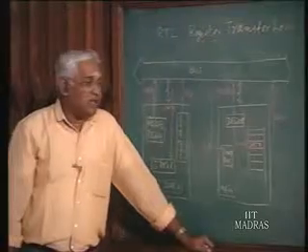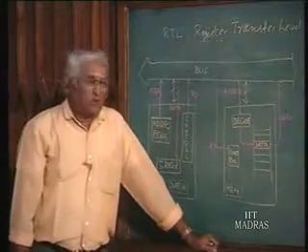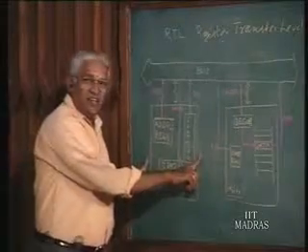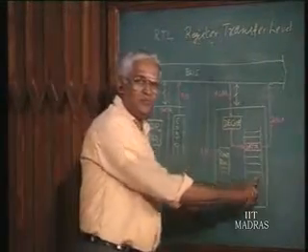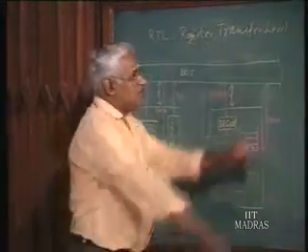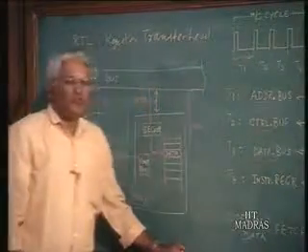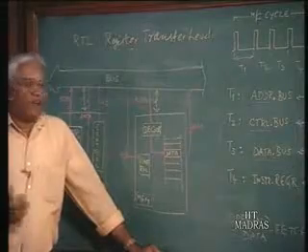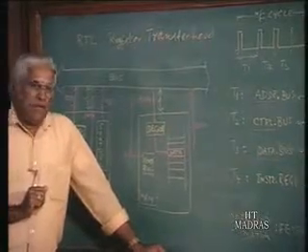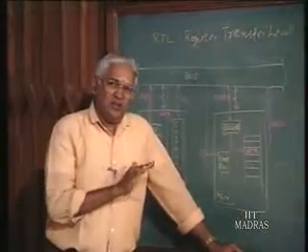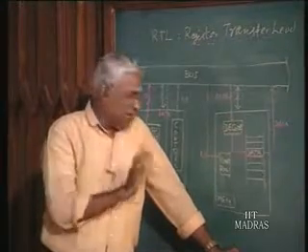Well, where is the guarantee? The processor may be too fast, the memory may be too slow. For instance, if this period corresponds to, let us say, 100 nanoseconds, and if the memory is not that fast, it takes more time.